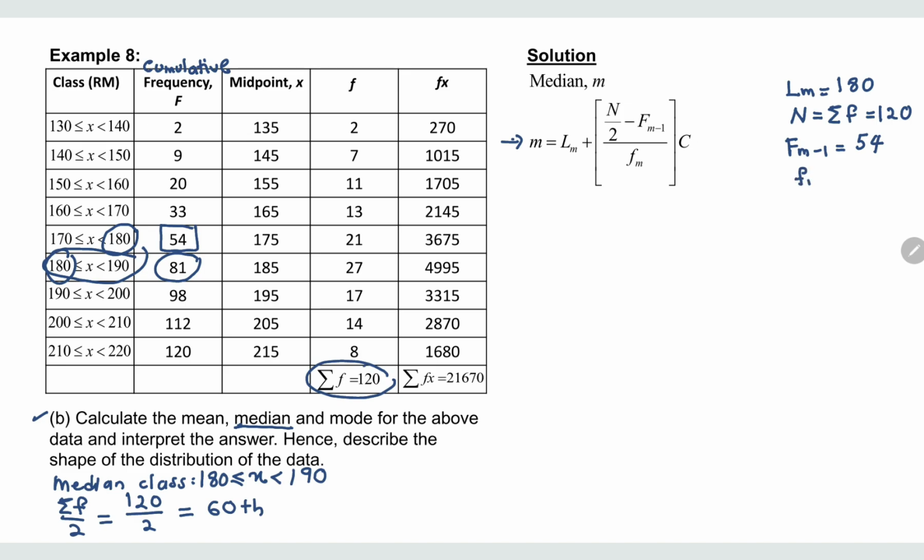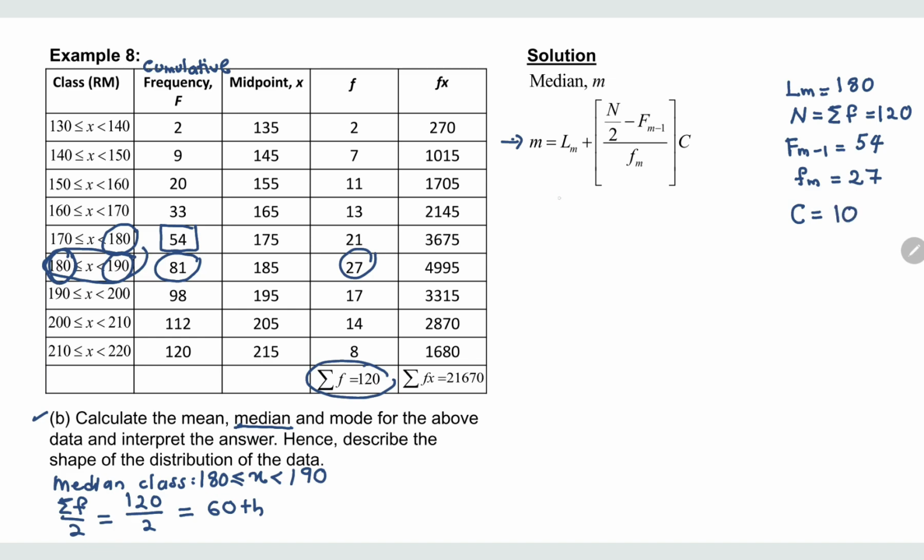Fm is the frequency of the median class, which is 27. And we need to find C, the class size. We take the upper boundary of the median class minus the lower boundary of the median class, which is 190 minus 180, so you get 10.